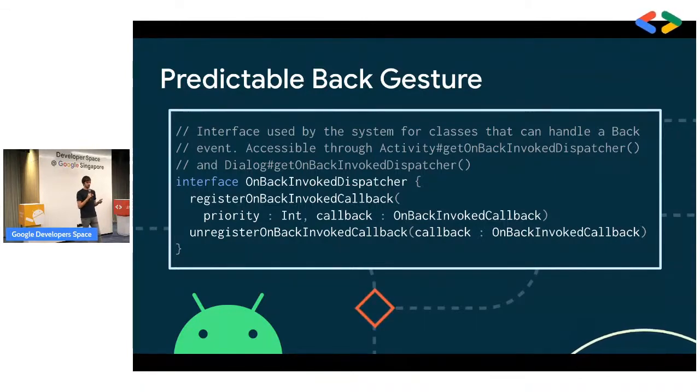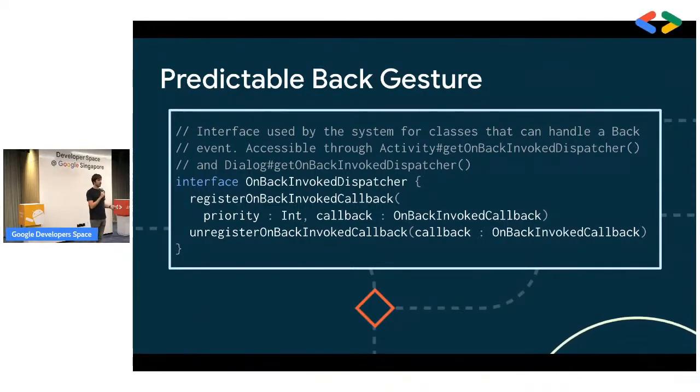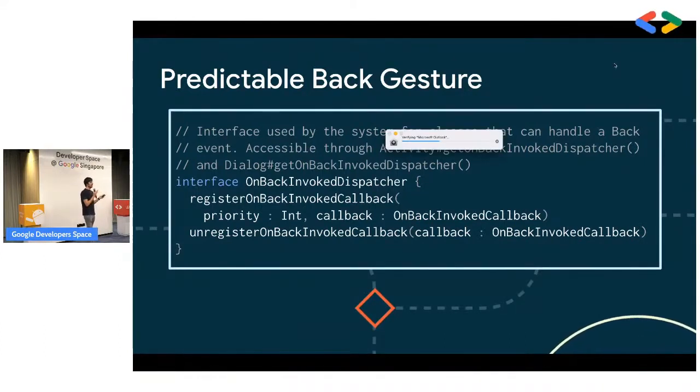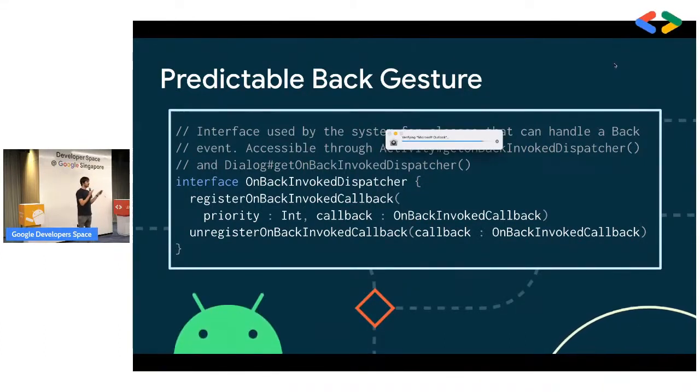With this API, you let the OS know in advance if you're going to handle that gesture or not. If you're not going to handle it, the OS then knows what it's going to show, so it can do nicer animations, for example rendering the previous UI. It already shows a little bit of the UI to the user when they start the gesture, so the user knows where it's going to go. This is just the first API.